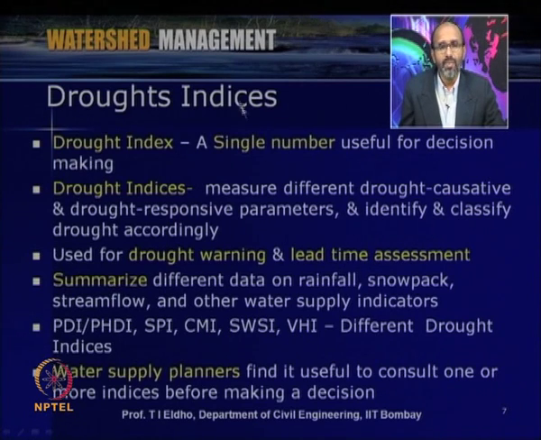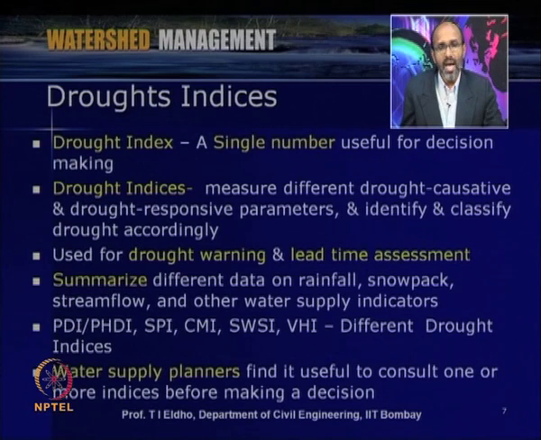There are a number of different types of drought indices available in the literature. So depending upon the type of area and the type of analysis we are looking for, we can choose a specific type of drought index, and then do the drought analysis.